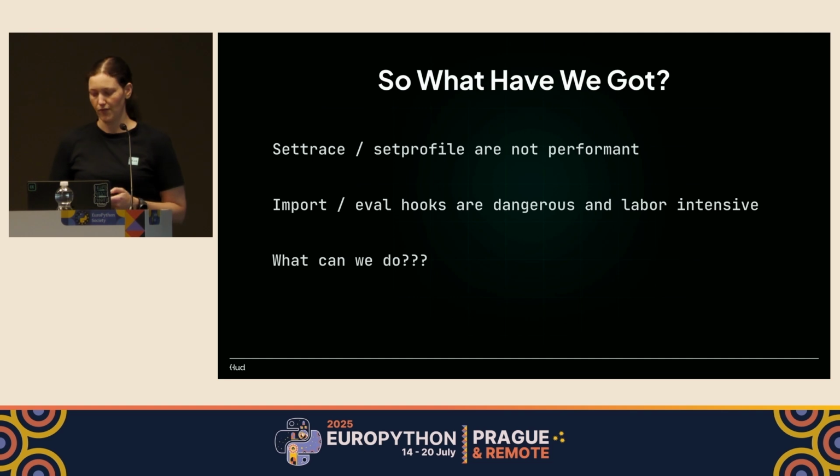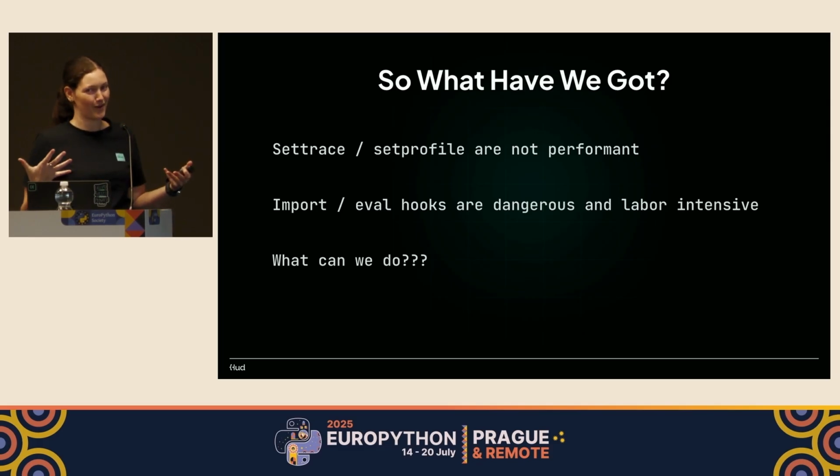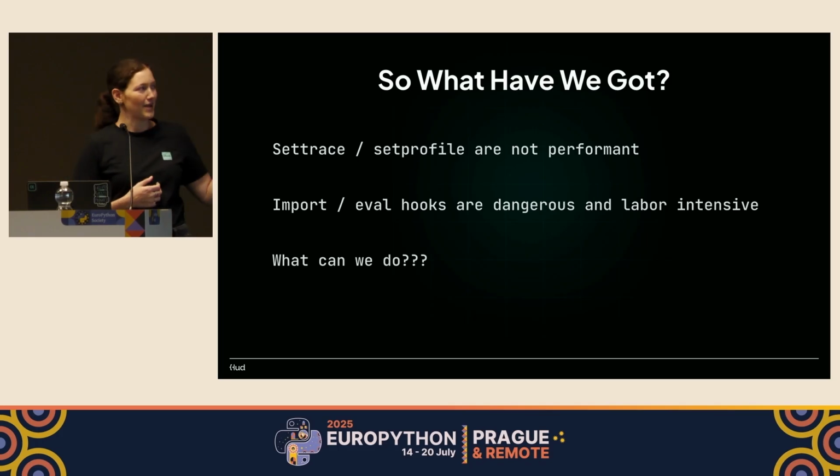So what do we have so far? We have set_trace and set_profile. We use them every single day. They've existed since forever, but they are not performant. And that is something that is built into the way that they operate. And sometimes we want to know what's actually going on in production, because that bug that I've been chasing for 2 weeks is not being reproduced on my computer. It really, really did work on my machine, right? We have import hooks and eval hooks that allow us to see what we want to, but they are dangerous and mostly they are labor intensive.